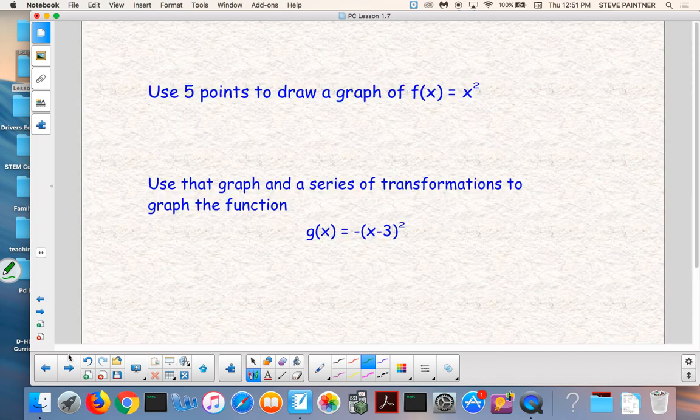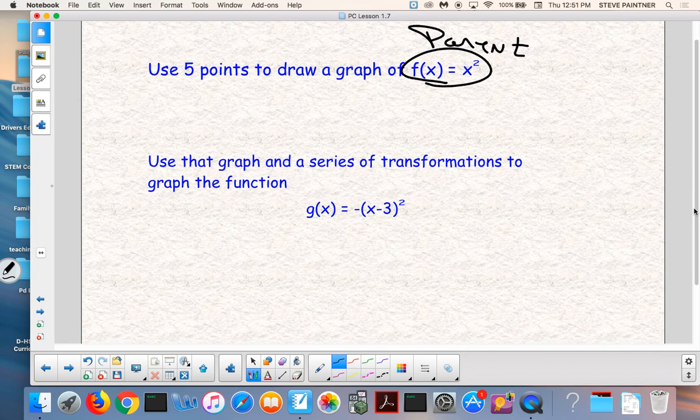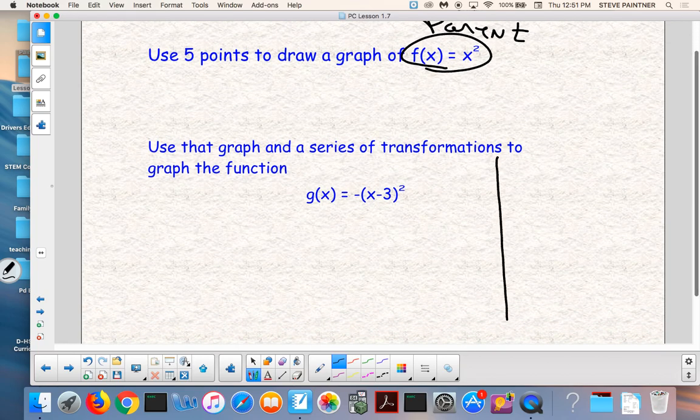Okay, try this. This is just a quick example. Let's use 5 points to draw the parent. That's the parent. Go draw it. I probably would put it somewhere around here. And I hope you're not plugging in. I hope you know them, right?